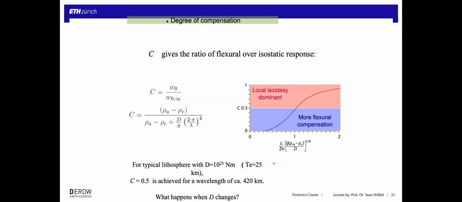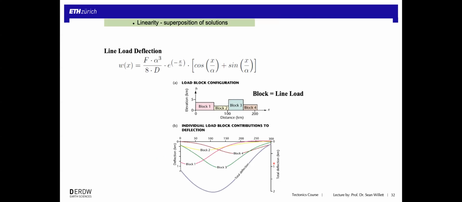may seem like kind of a contrived example. Where do you ever have one sine wave of topography? But there's another very, very important characteristic of elastic flexure that makes this solution very important, and that's linearity.